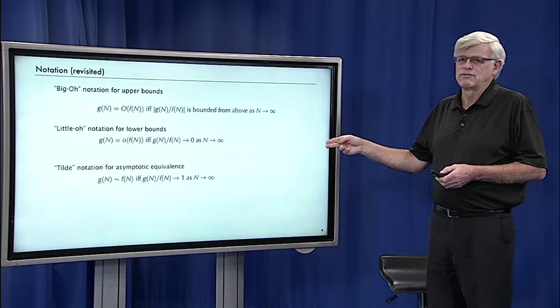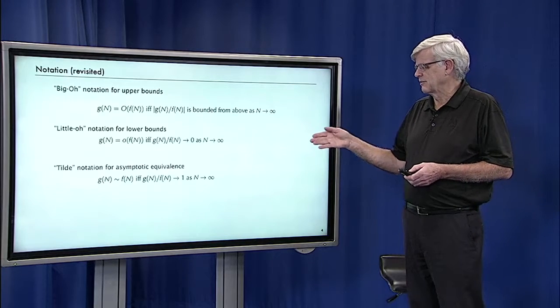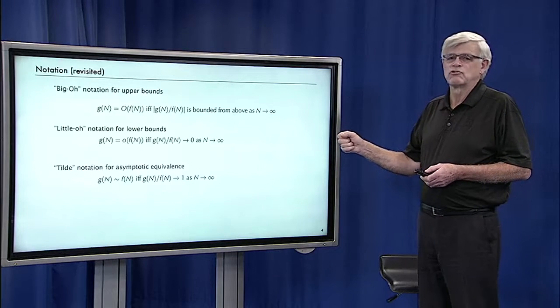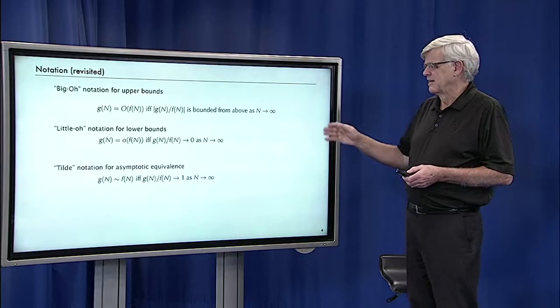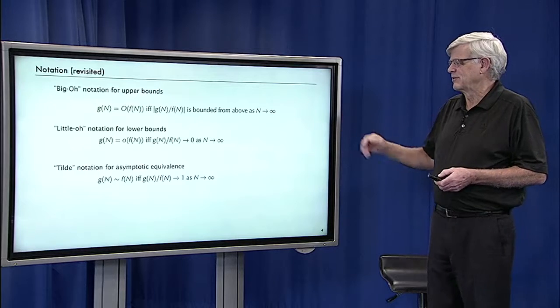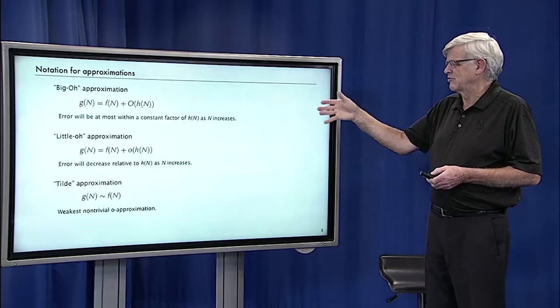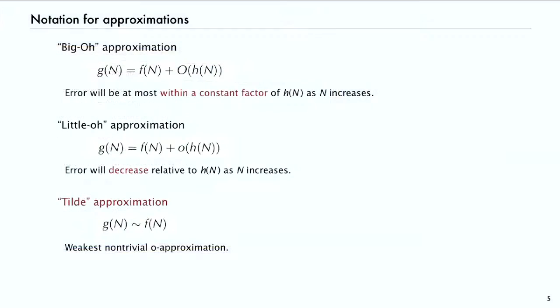In fact, often we use the so-called tilde notation, which just says that the ratio of g of n and f of n approaches 1 as n approaches infinity. That's the weakest non-trivial little o. We use those notations to come up with approximations. So if we say that g of n equals f of n plus big O of h of n, it means the error will be within at most a constant factor of h of n as n increases.